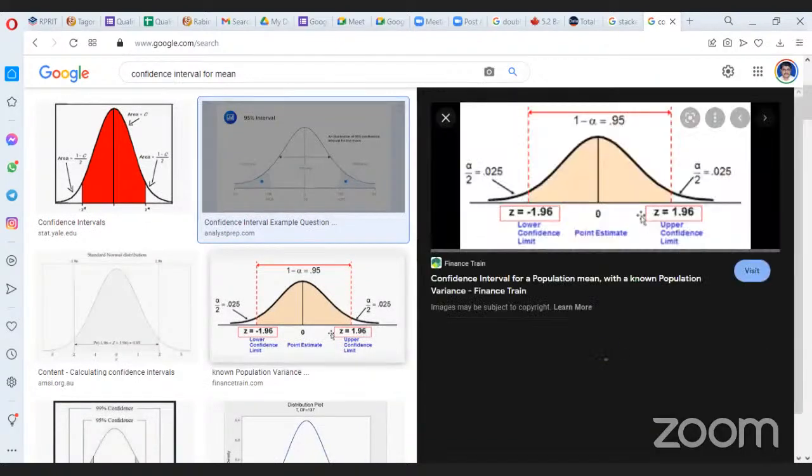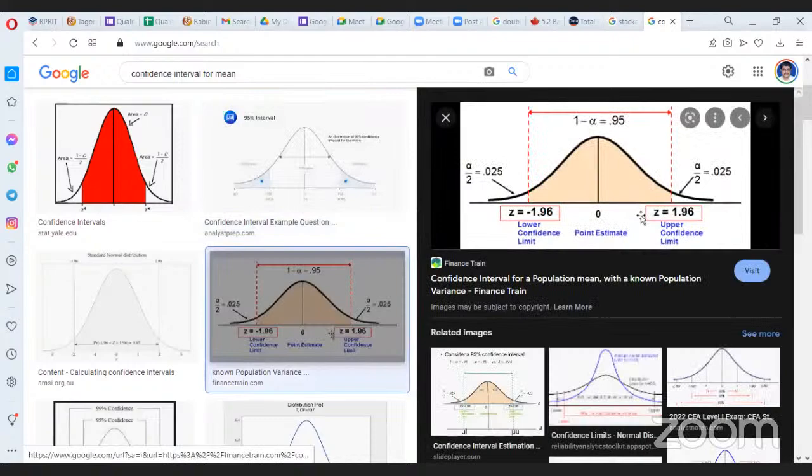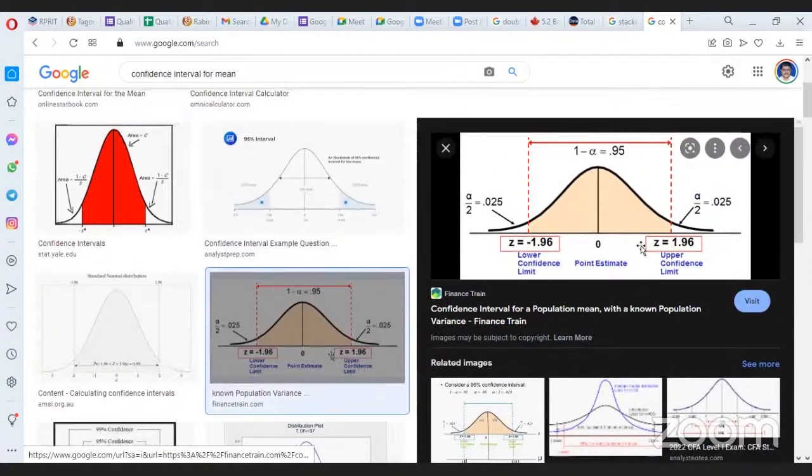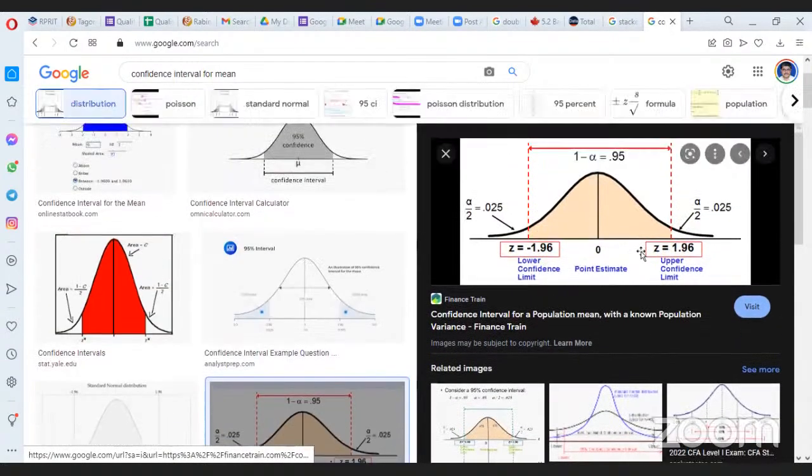That is another picture, you can see it. So you can find the lower confidence limit. Another one is the upper confidence limit.